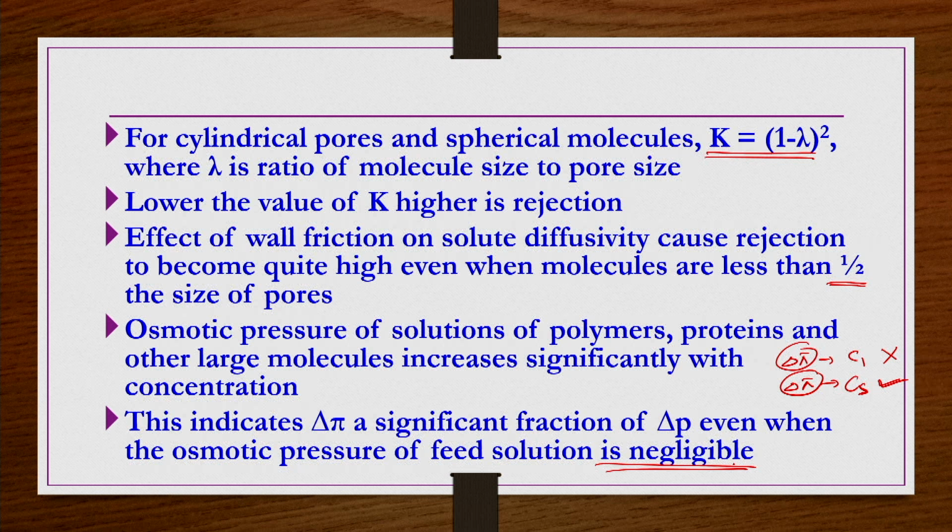Even if the osmotic pressure of the feed solution is negligible, because C1 is very small in general, despite that, delta pi has to be incorporated in this equation. In ultrafiltration membranes, because of concentration polarization, the surface concentration gradually increases, okay, and then it reaches a certain maximum concentration for a given thickness of the feed layer.